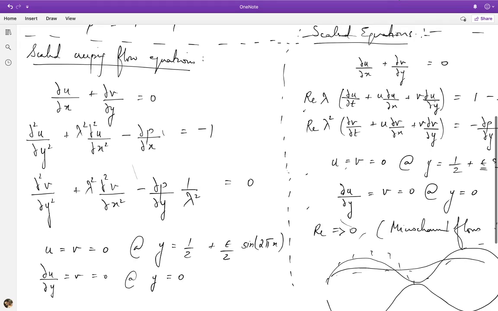At leading order, if I multiply throughout by lambda squared, you see that for small lambda I get just that the pressure gradient in the y direction is 0, and there is no vertical velocity component coming into the equation, and I could then solve for just the u momentum equation and then calculate v from the continuity equation.